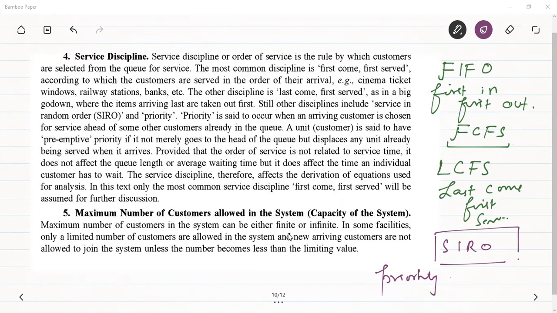Then we can say that the capacity of the system is finite. Whereas in the case of the restaurants, or in the case of the ticket counters, लोग आते हैं लोग जाते हैं, so infinite number of people can come and go. There is not any restriction. So we can see that the capacity of the system is the maximum number of customers that are allowed in the system.